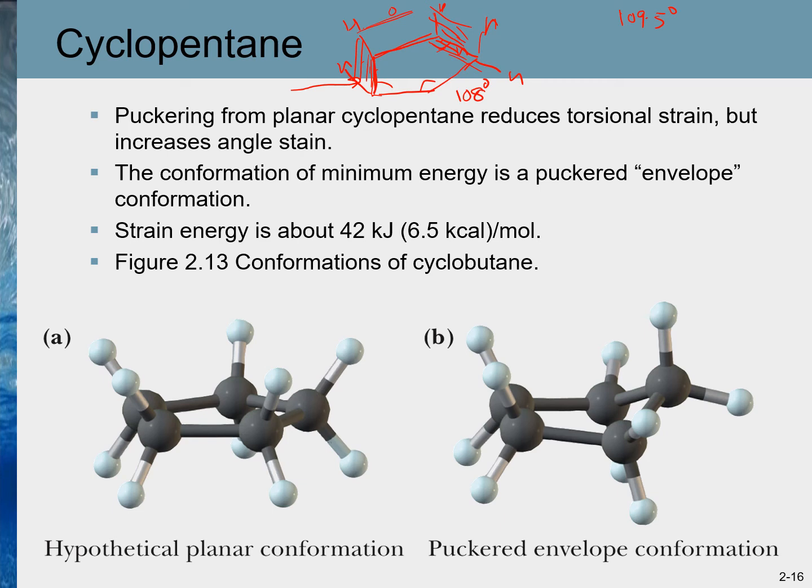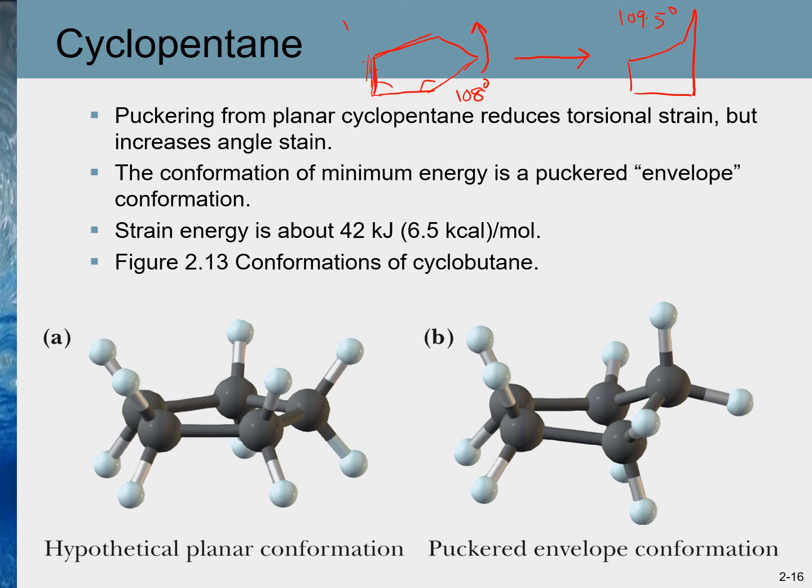To relieve this extensive amount of torsional strain, cyclopentane adopts a geometry or conformation which is known as envelope conformation. So in envelope conformation, one of the carbon atoms comes out of the plane, just like we open an envelope.